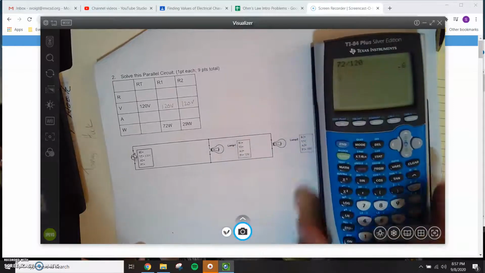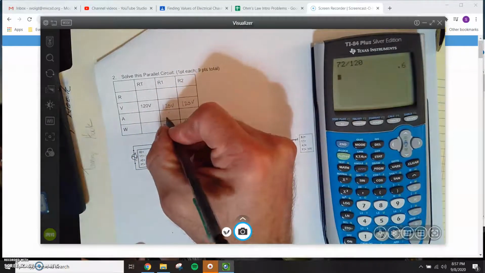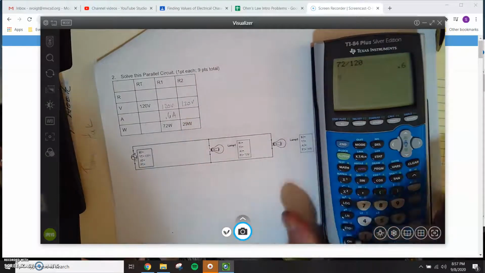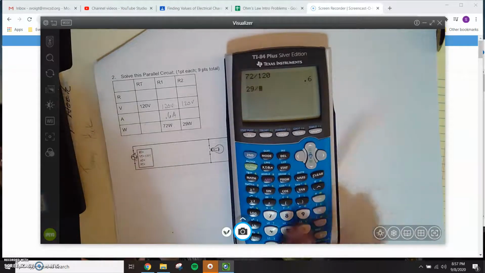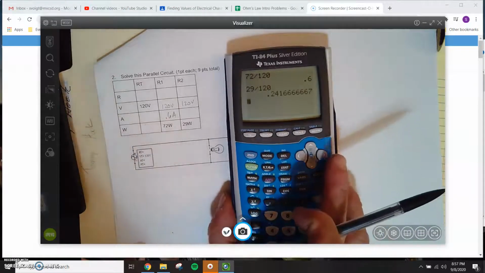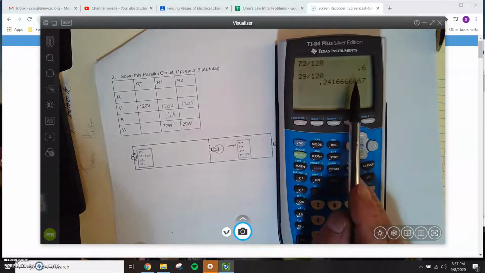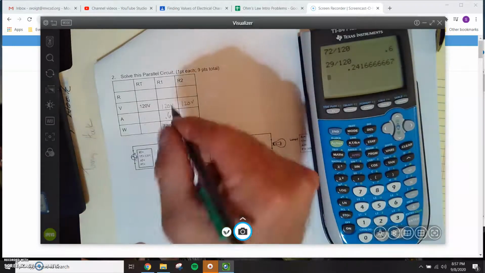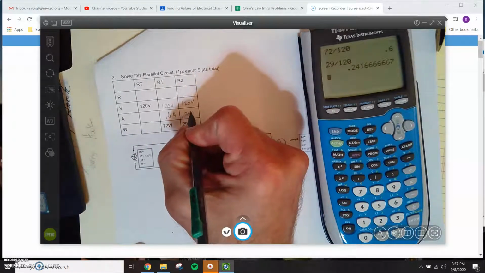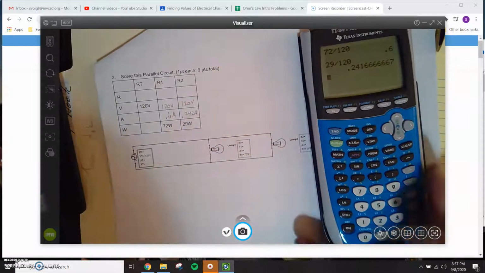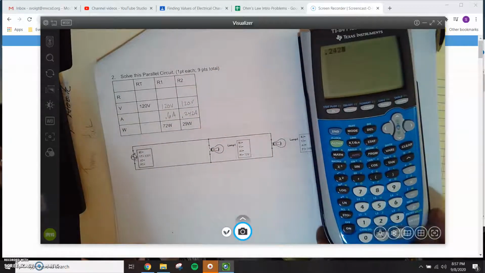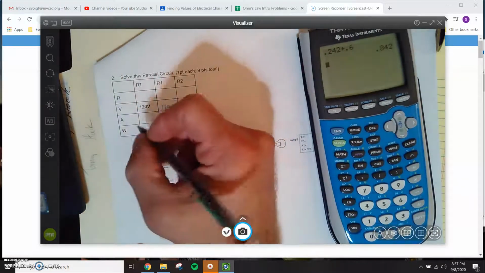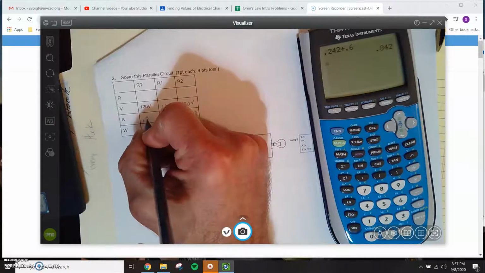So my amperage for resistor 1 is 0.6 amps. 29 divided by 120. And again, I'm going to round here, so these all just go up. So 0.242 amps. So 0.242 plus 0.6, and we get 0.842 amps for our total.